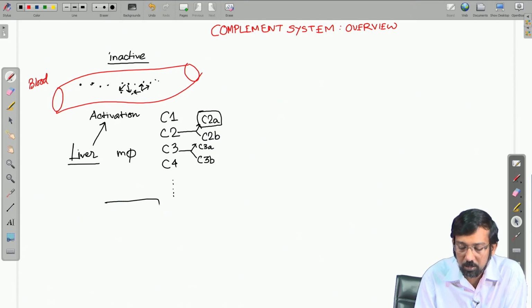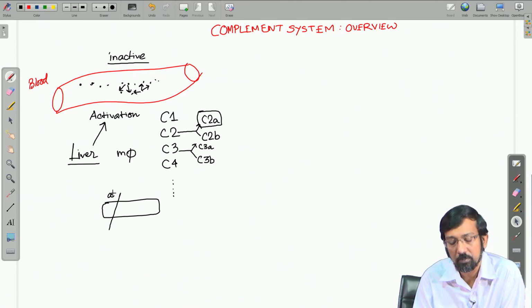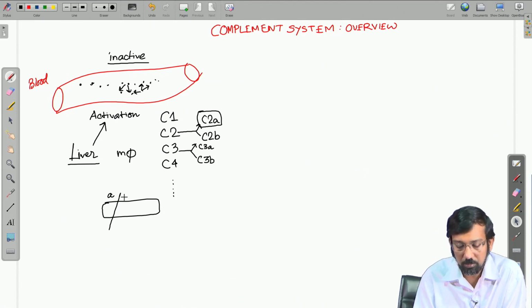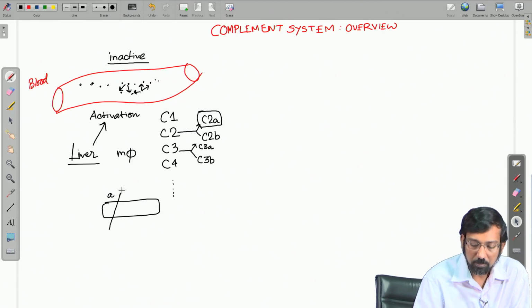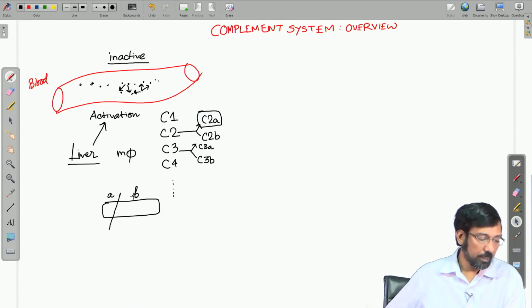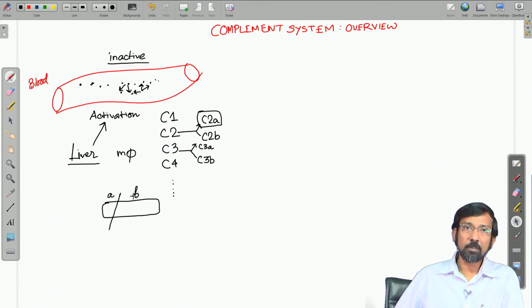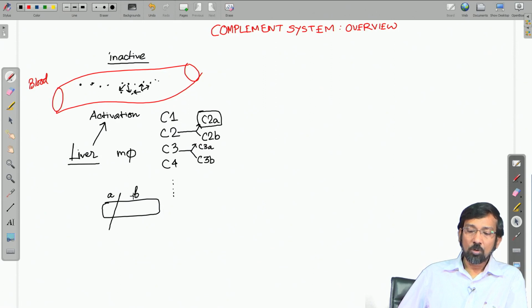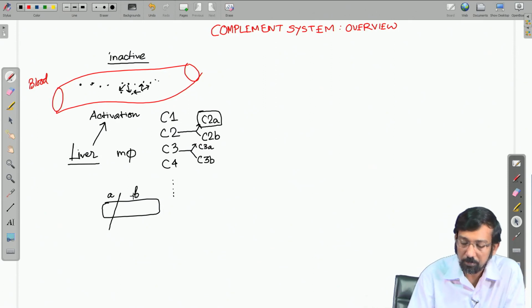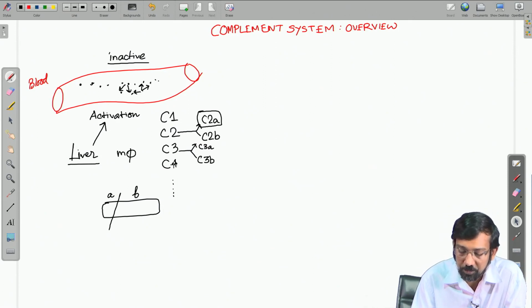So, if we call this a complement protein and it is cleaved like this, the smaller fragments are usually designated by A, and the bigger or larger fragments are designated by B. That is the usual convention.